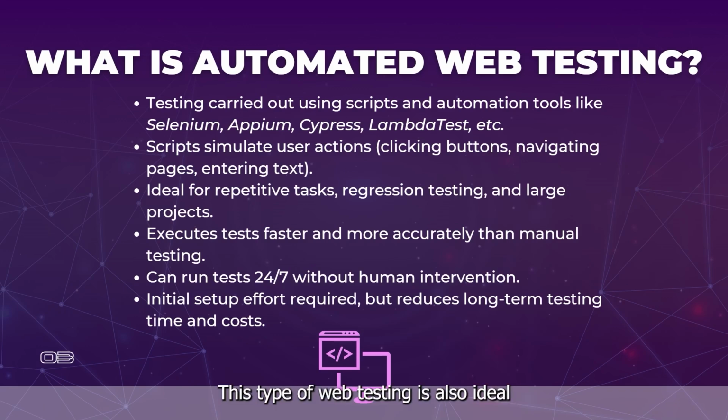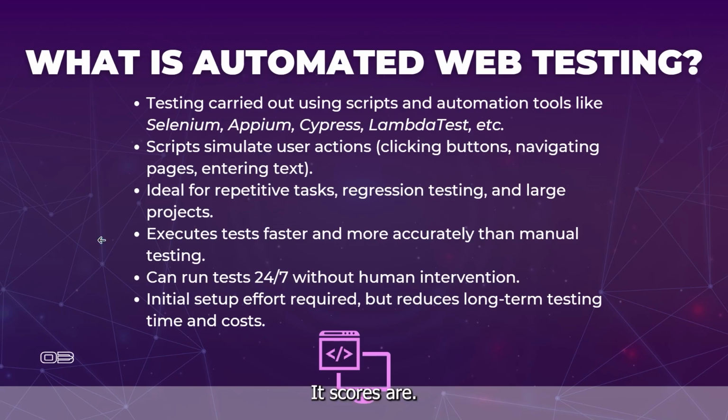This type of web testing is also ideal for repetitive tasks, regression testing, and large websites or large projects. These tests tend to be executed faster and more accurately than manual testing. These tests can run 24/7 without human intervention.